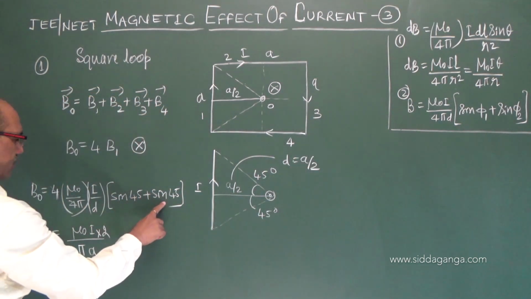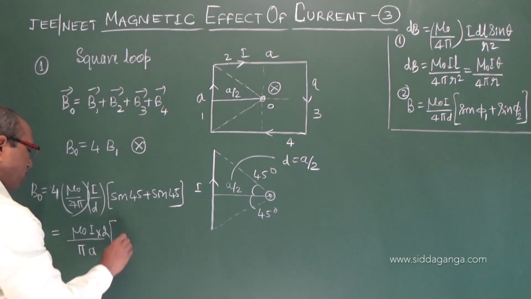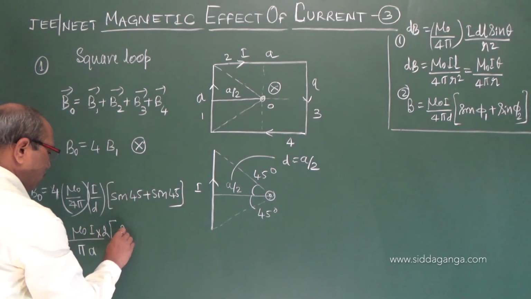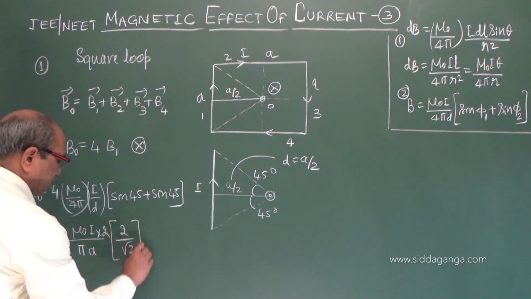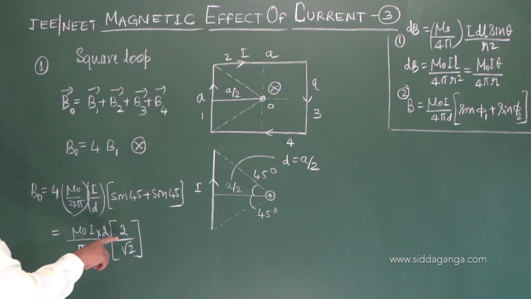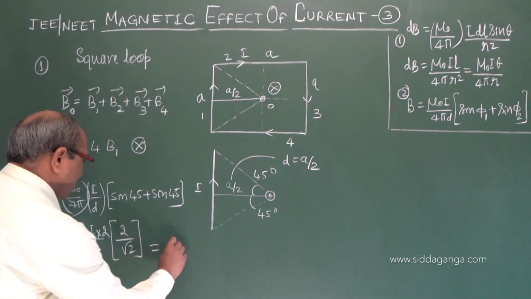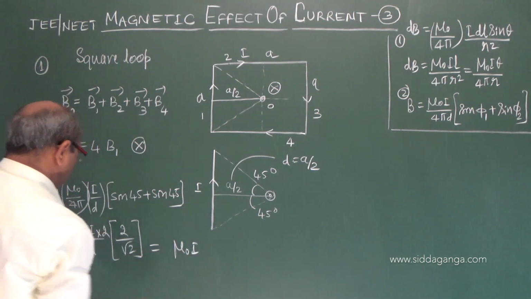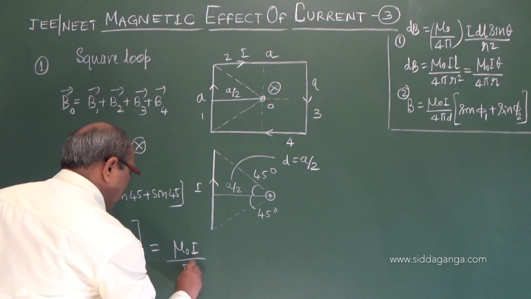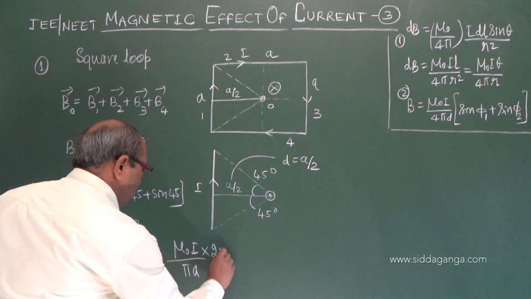Sine 45 is 1 by root 2, plus 1 by root 2 is 2 by root 2, the summation of both. So here the final answer we get is mu naught I divided by pi a into 2 root 2.